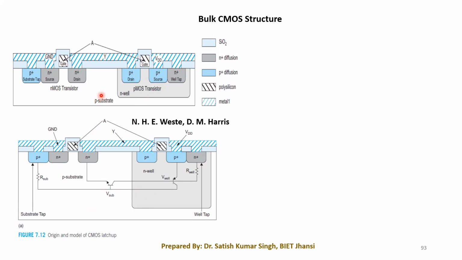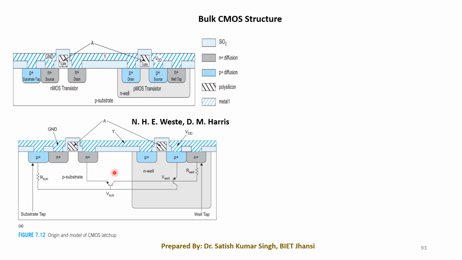When we have this type of conductive substrate, it is called the bulk CMOS structure. This problem exists because these two transistors are fabricated on a conductive substrate and are not electrically isolated, which affects the device operation because of the parasitic components.